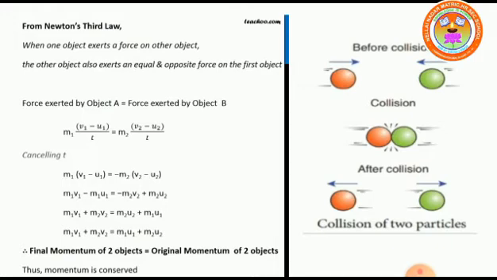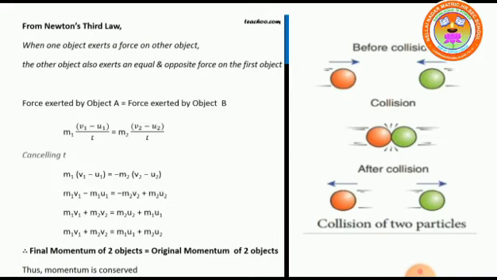First object, Fa is equal to m1 into (v1 minus u1) divided by t. So Fb is equal to m2 into (v2 minus u2) divided by t. So the time of collision is same. So cancelling t, m1 into (v1 minus u1) is equal to minus m2 into (v2 minus u2).